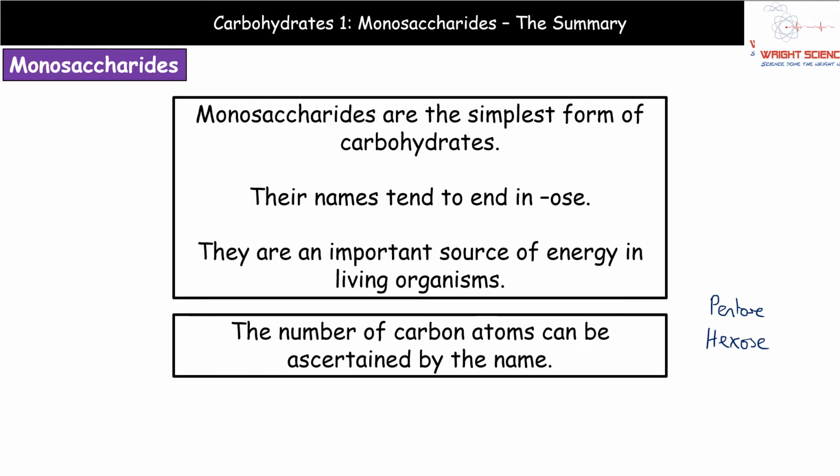From a bit of maths knowledge, we know the word hex means 6, so any hexose will have 6 carbons in it, whereas pent means 5, so pentoses have 5 carbons in it. We could look at something like a triose, for example. Tri means 3 carbons. So you can see how looking at the first part of the name gives us the number of carbon atoms present. The two to really remember are hexose, 6 carbons, and pentose, 5 carbons. We'll look at those in more detail as we carry on with this summary tonight.